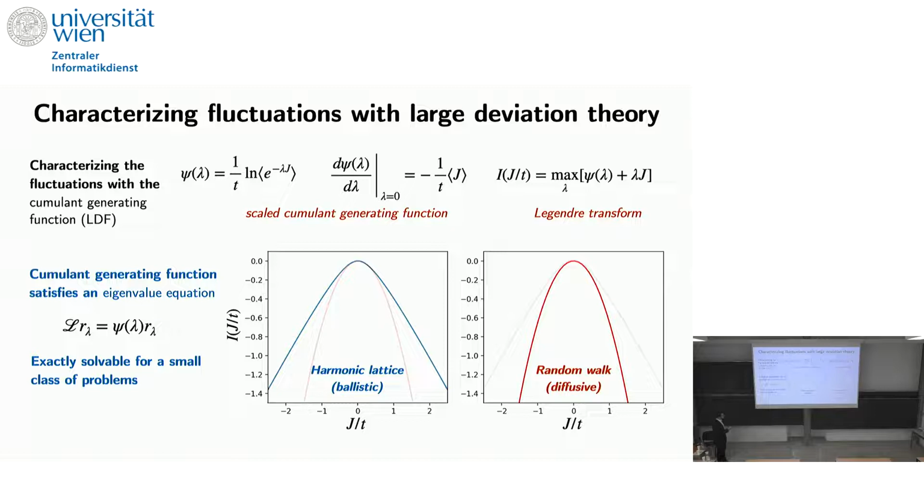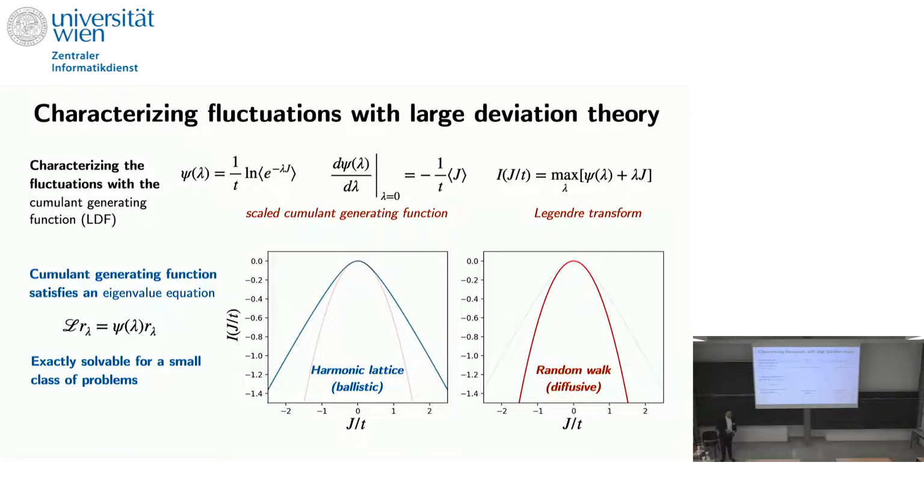They'll have exponential tails in the case of ballistic transport, or it'll be a perfect Gaussian if the underlying process is perfectly a Gaussian process. Here I've plotted this in such a way that the conductivity, the second derivative about that mean value, is the same, and so you can see how quickly those deviations from just Gaussian behavior grow in for the harmonic lattice, for example.